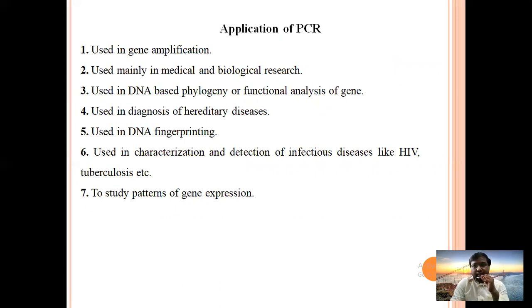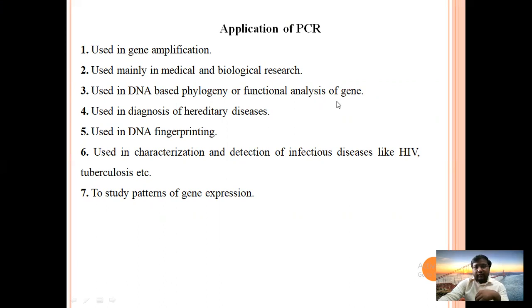Lastly, applications of PCR. PCR is used in gene amplification, that is for the synthesis of a number of copies. It is used mainly in medical and biological research. It is used in DNA based phylogeny or functional analysis of genes.